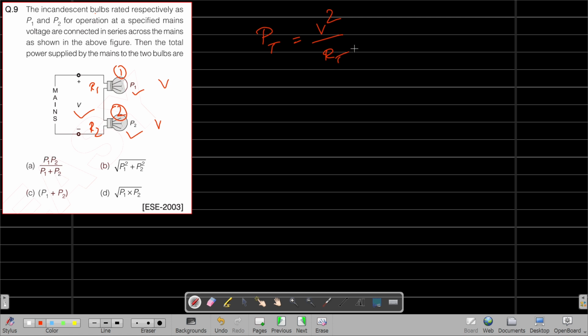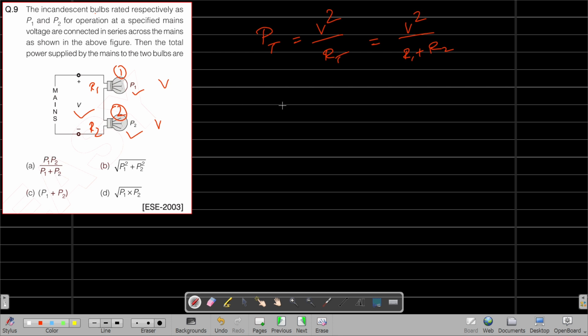Now total resistance is the addition of R1 and R2, so we will rewrite it as R1 plus R2. Now we have to replace R1 and R2 in terms of P1 and P2.